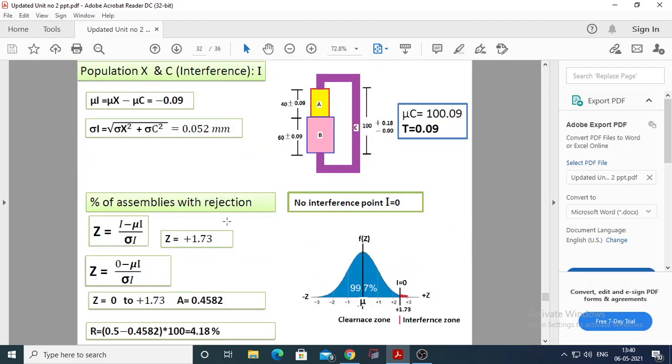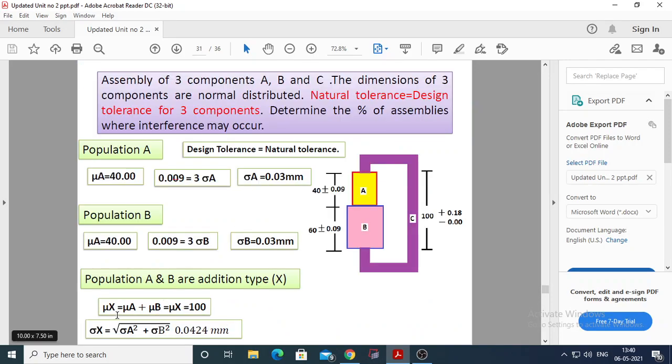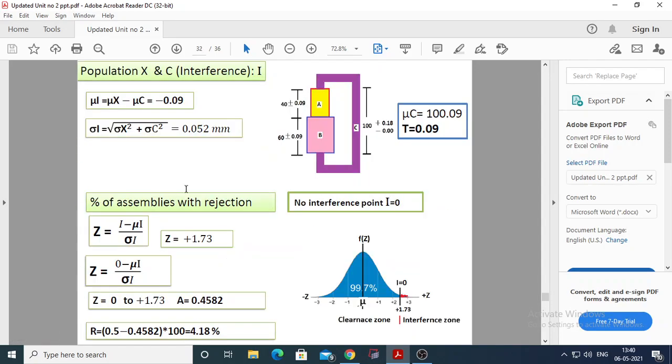Now see population C. We are combining these two populations, X and C. We want the interference, so I will use the letter I here. We want to calculate the mean of I. The interference mean is equal to mu X minus mu C. How do we calculate the mean of the C component?